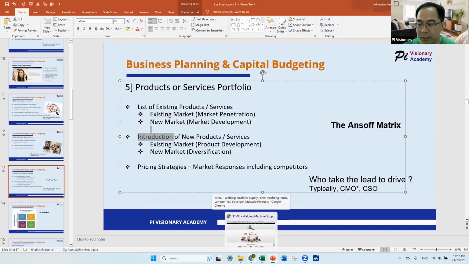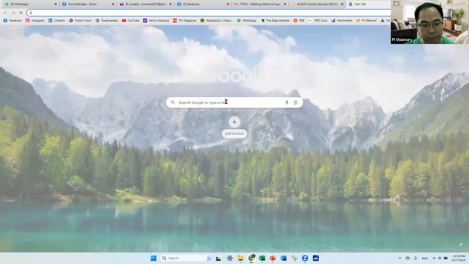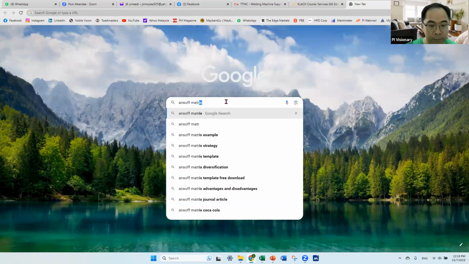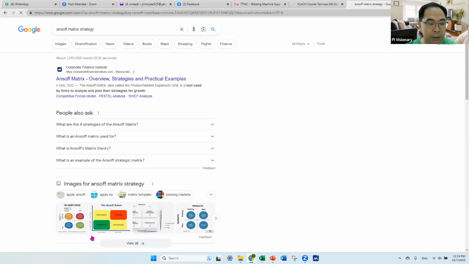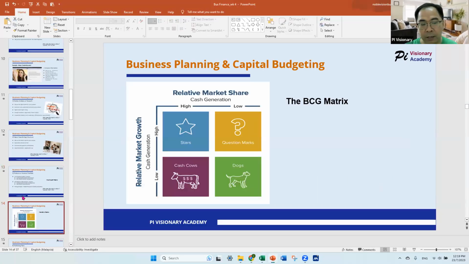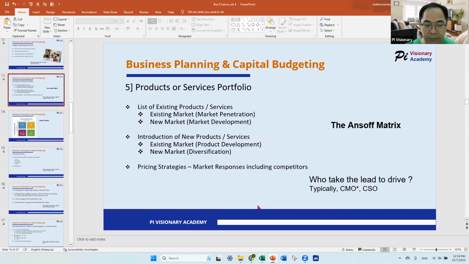So if you talk about this matrix, I think I have it here. Sorry. Oh, this is a BCG matrix.